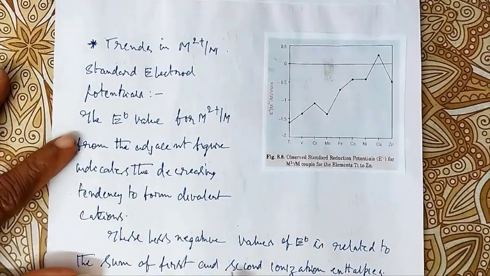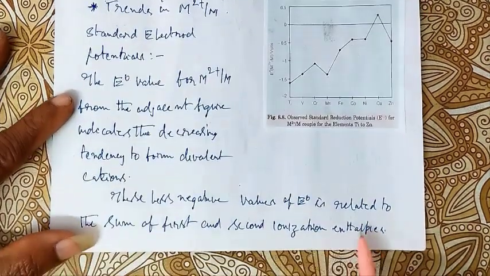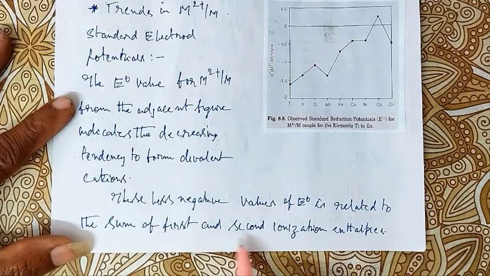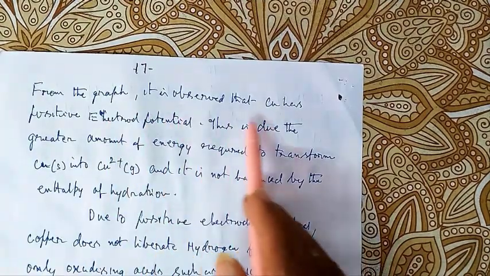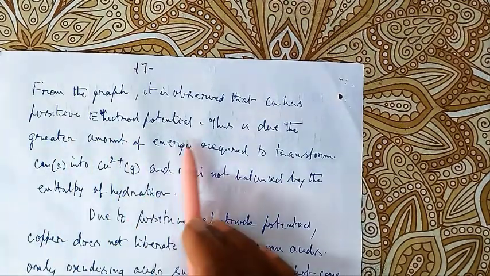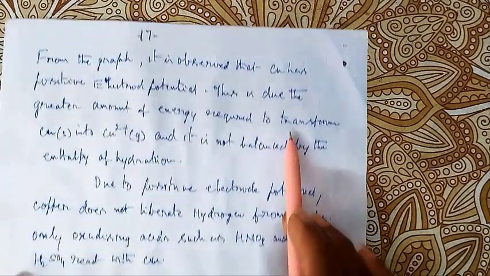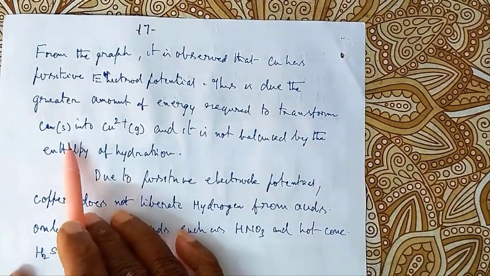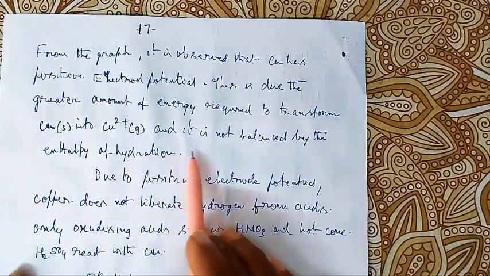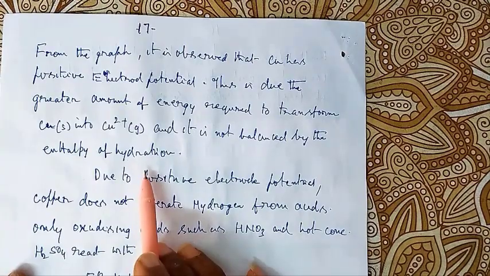These less negative values of E0 are related to the sum of the first and second ionization enthalpies. From the graph it is observed that copper has a positive electrode potential. This is due to the greater amount of energy required to transform copper into Cu2+ ion, which is not balanced by the enthalpy of hydration.